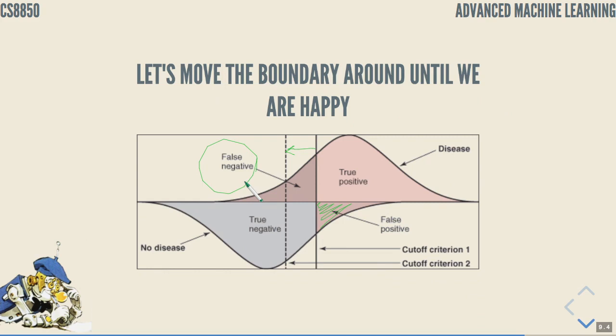So you see, everything is flexible. If we're in the Bayesian world and we have a decision boundary, we can move it back and forth, change it as we wish, and with every change, false positives and false negatives change. So our confusion matrix changes as we move the decision boundary back and forth.